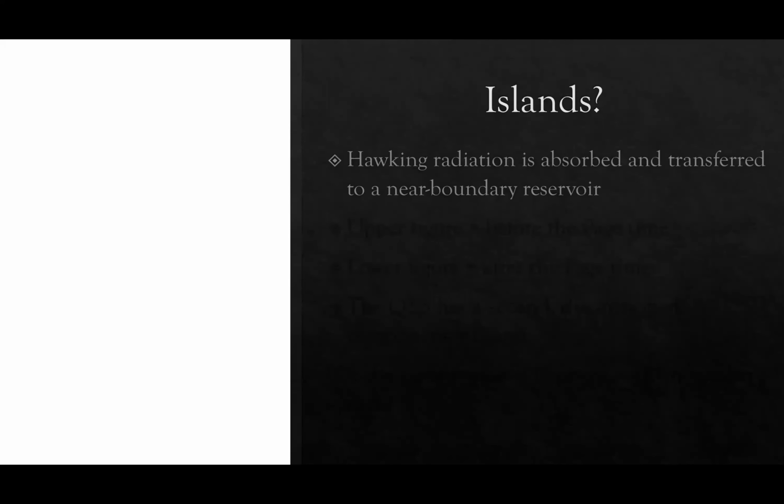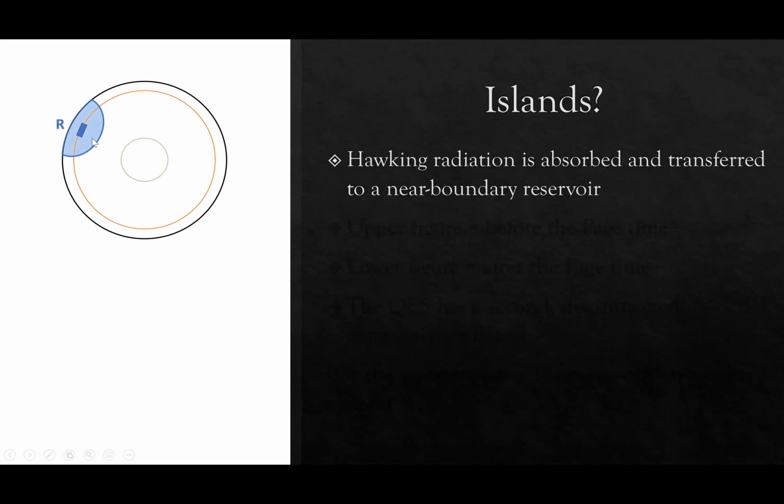So in order to get these islands or the jump of the quantum extremal surface, we're going to absorb this Hawking radiation into the Dyson sphere, but then we're going to transfer it along it into a near-boundary reservoir that's very much localized. So the picture would look something like this. This is just a slice of AdS now to nicely depict what's going on.